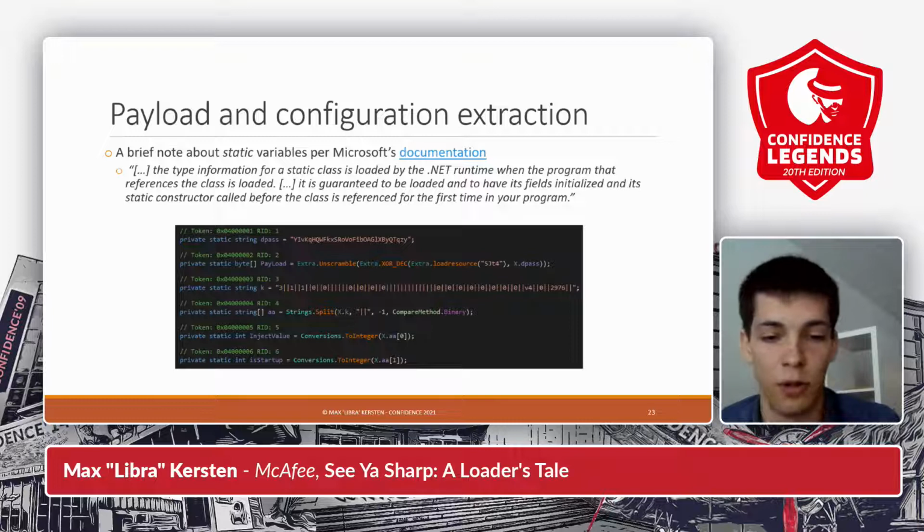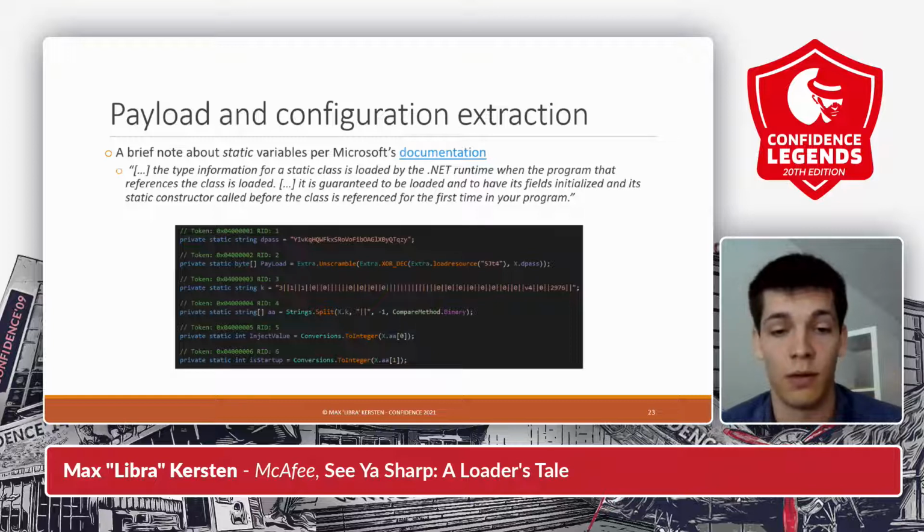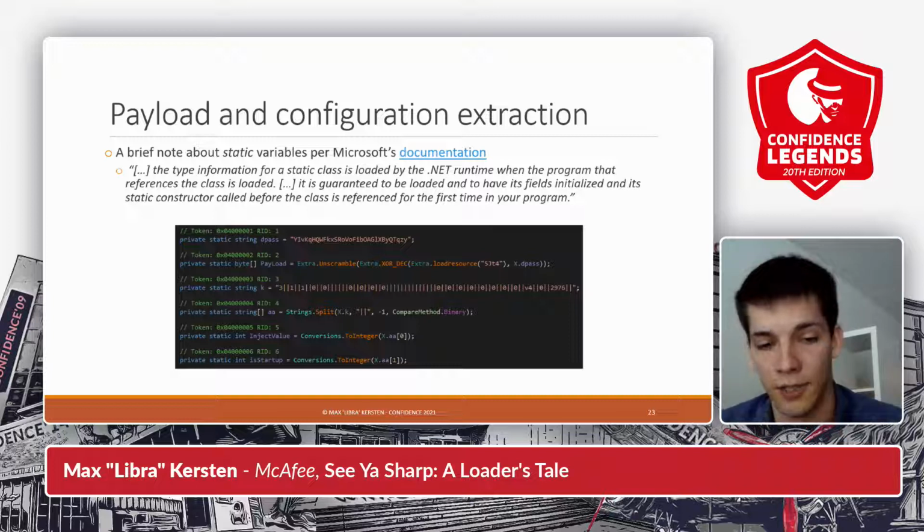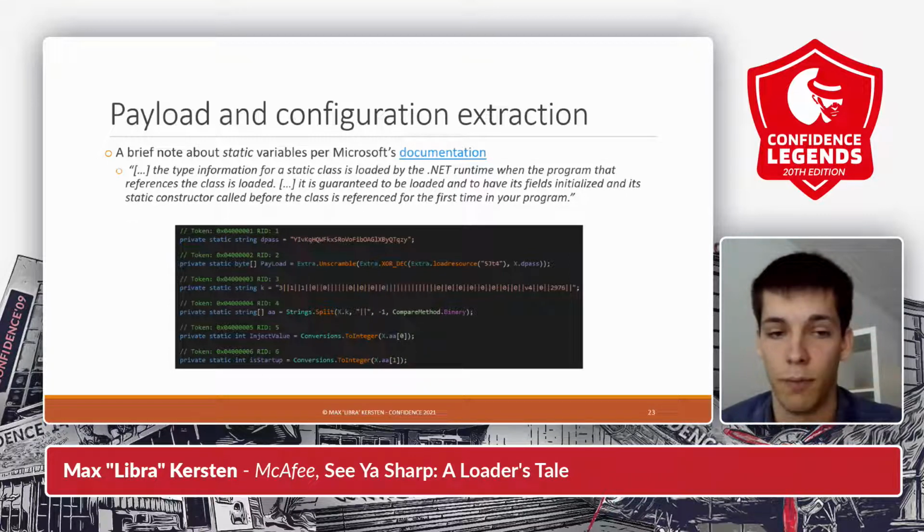So essentially, if I were to reflectively load a tool or one of the loader instances, like a file, it would initialize all these static variables. Now, in this case, we can see that both the declaration of the variable payload and the initialization are done at once, because we can see that payload equals extra.unscramble, and so on. So once we load the file in memory, this code is executed, and we can simply fetch the payload in raw form from memory.